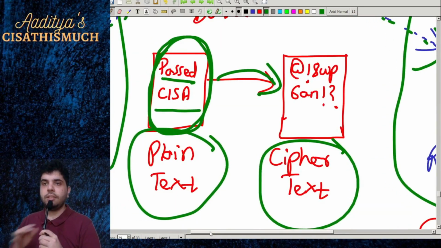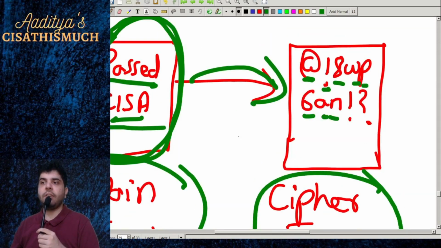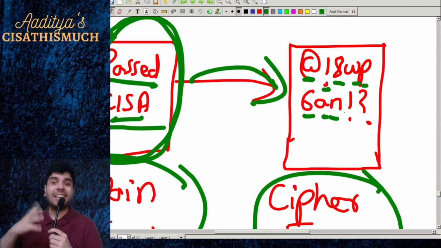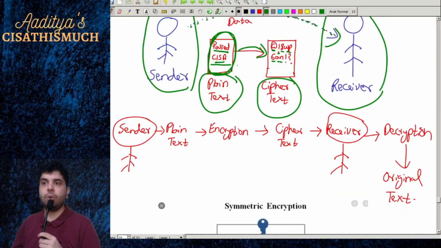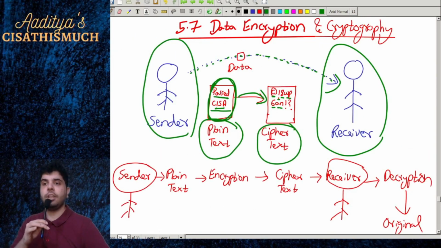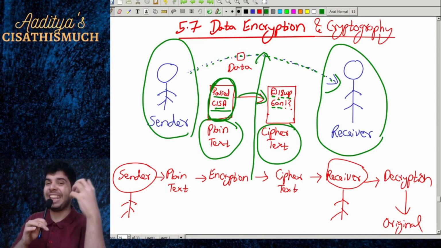So these letters, passed CISA, are converted into something like @ 8 UP6 AN, something you cannot understand by looking at it. It is called ciphertext. Plain text is converted into ciphertext so that even if someone tries to look at the data, they will not be able to understand what the information is.